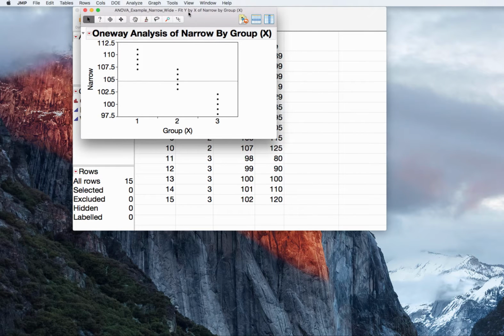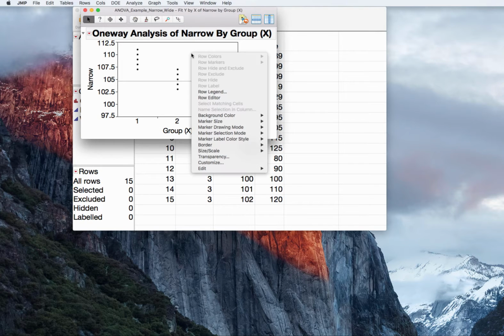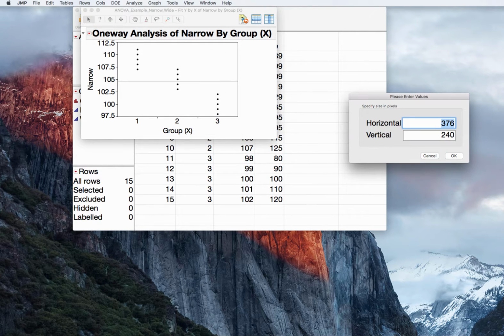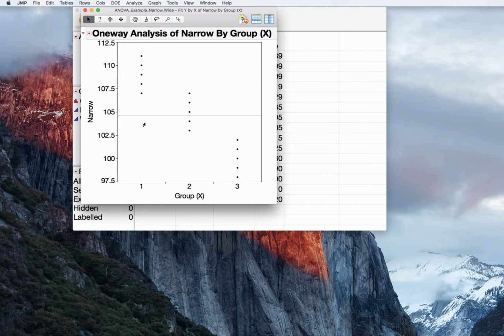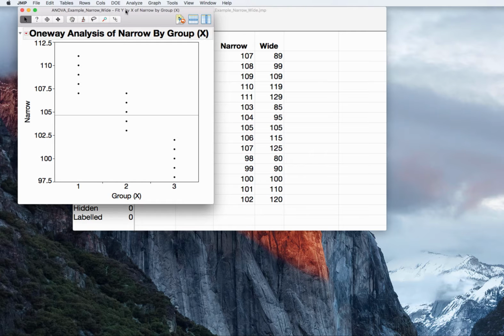We get a very generic graph here with our groups as the x-axis and our narrow response on the y-axis. I'm going to go ahead and change the scale of this to 450 by 450 so that we have a square graph a little bit larger.